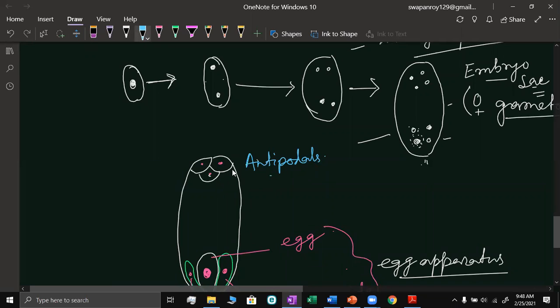Okay, these 3. Antipodals, how many? 3 cells.